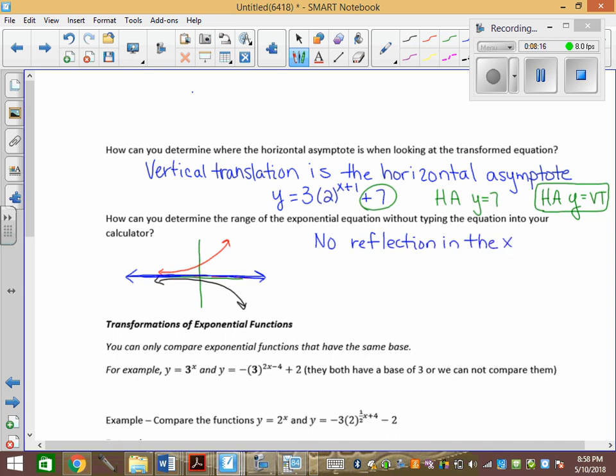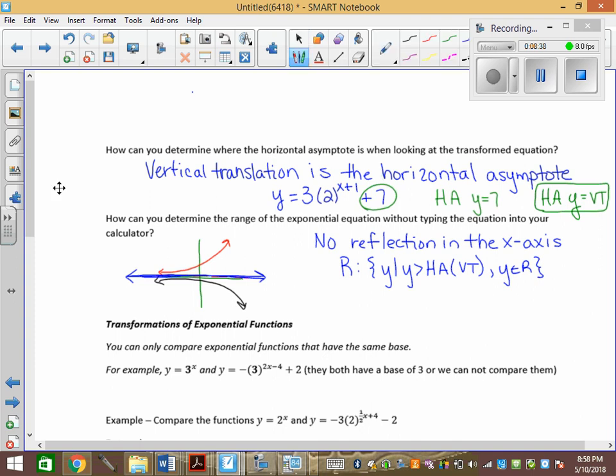And if I have a reflection in the x-axis, it's in front of my a value. No reflection in the x-axis, my range is going to be y such that y is greater than my horizontal asymptote, which happens to be my vertical translation, the q value.